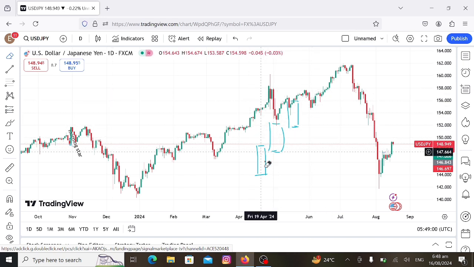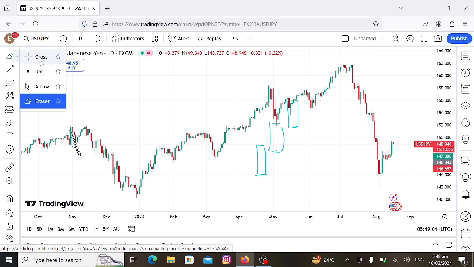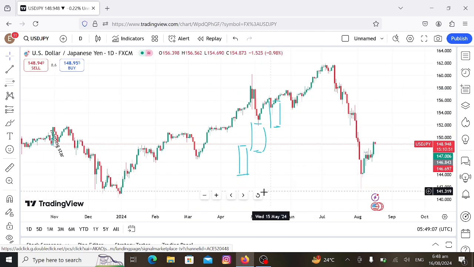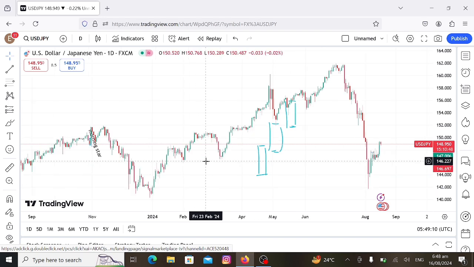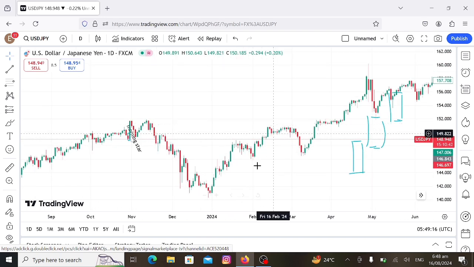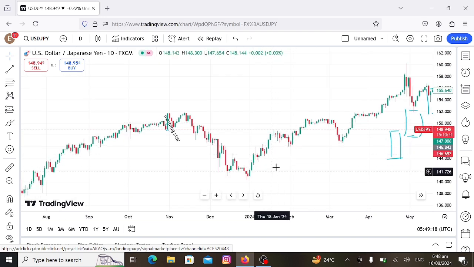So basically this is how it looks like. This is the marabozu, or the three white soldiers. Let us spot a very clear one here. It works perfectly from this angle.